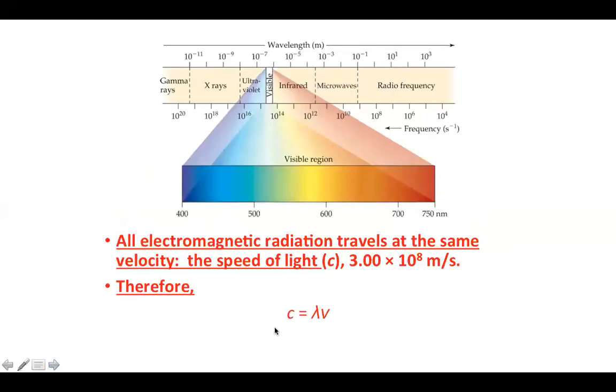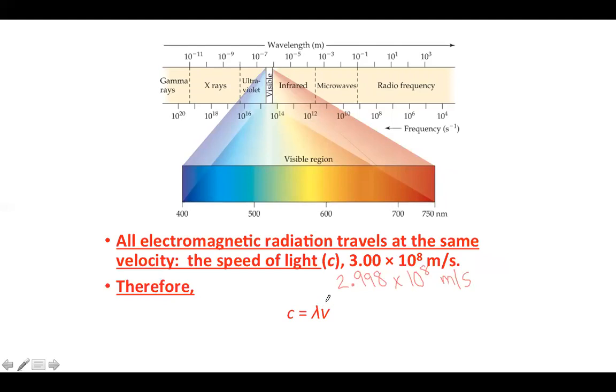All of our electromagnetic radiation travels at the same velocity, and that's a constant often represented with a c, which represents the speed of light. Here I have it listed as 3.00 times 10 to the 8th, but on your reference sheet it's listed as 2.998, I believe, times 10 to the 8th. If you're making a calculation, you'd want to use that reference sheet value.